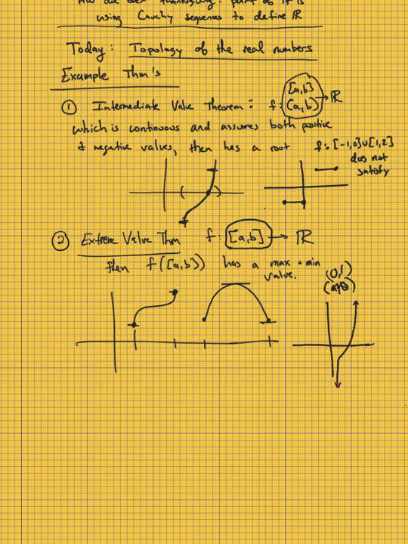This is a function where the image is the entire real line, or you could have a function like this, which again never attains its maximum or minimum. So in this case, we want a domain that isn't split into two different parts. Here we need a domain that's closed, and we'll see what the right generality is so that we can have theorems like this.